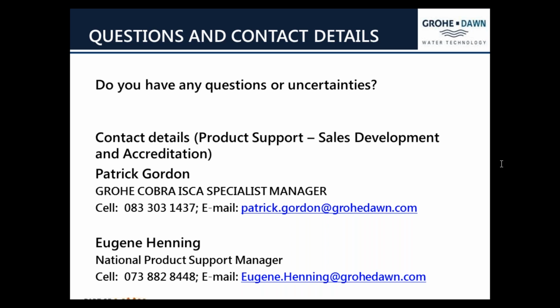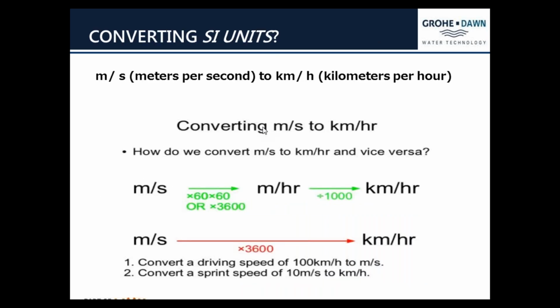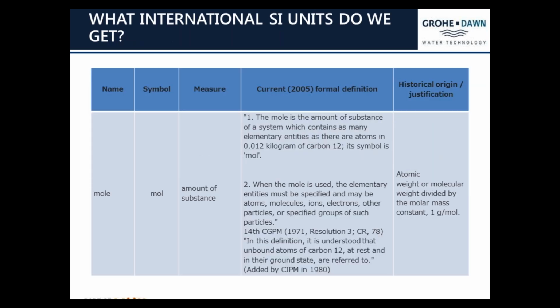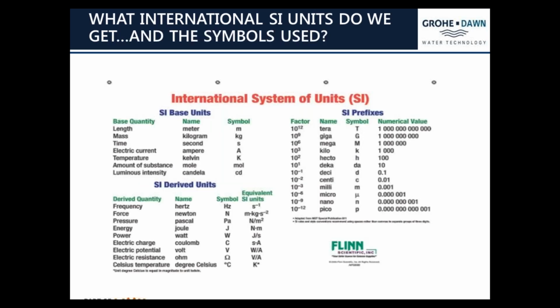Okay, maybe we can go back quickly. If we just go back to the conversion one there, back some more, that one, yeah. Okay, if you have a look at 200 kilopascal to 2 bar, that one wasn't a physical conversion.